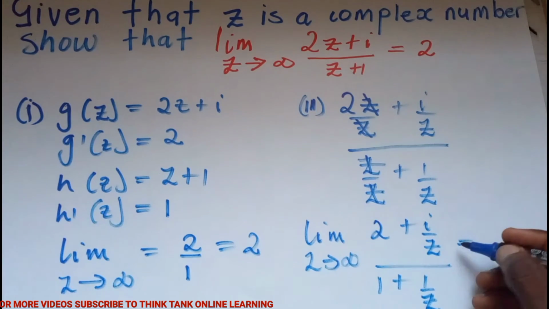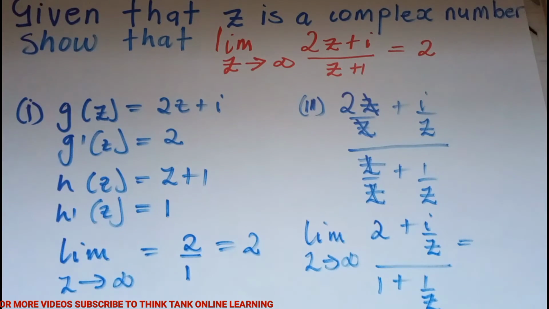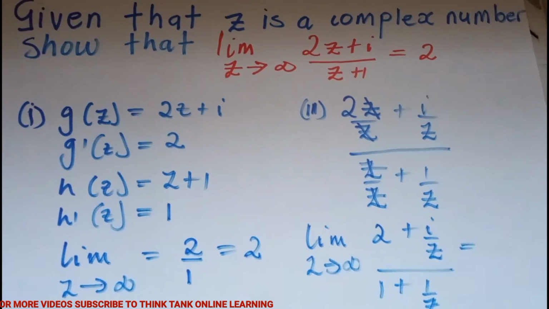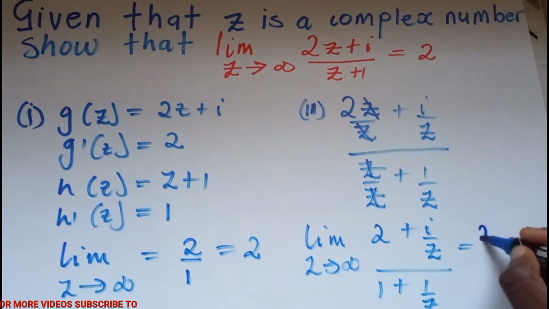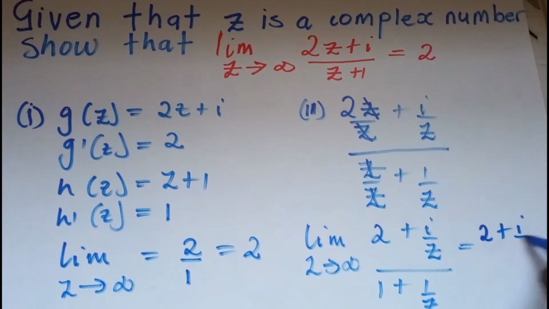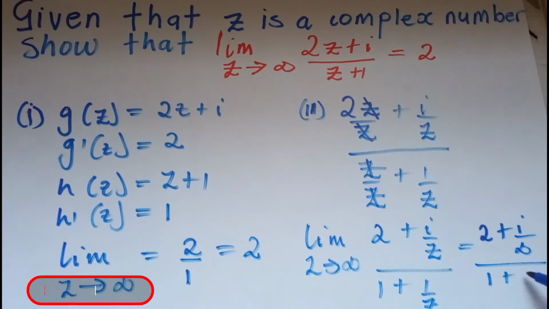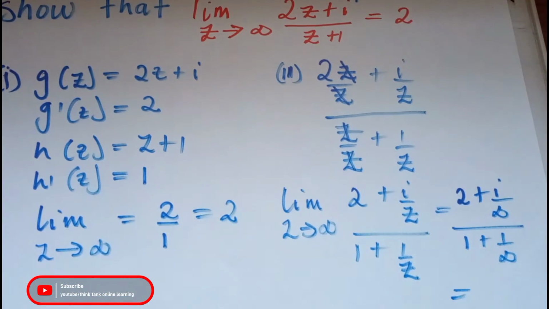What I'm going to get is 2 plus i over infinity, over 1 plus 1 over infinity. You should know that any number divided by infinity is 0.